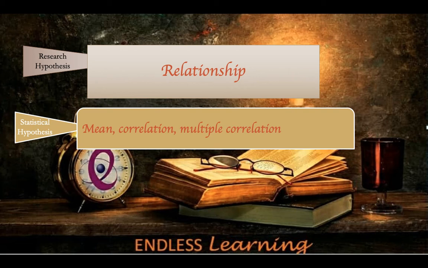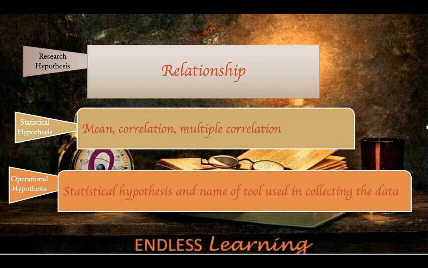And lastly, the operational hypothesis is a statistical hypothesis, but when the name of the tool used in the data collection is mentioned, then we say it's the operational hypothesis. It's almost the same as the statistical hypothesis, but when we write the name of the tool with the help of which we collected the data, it is the operational hypothesis. I hope you have got the difference between these three types of the hypothesis.